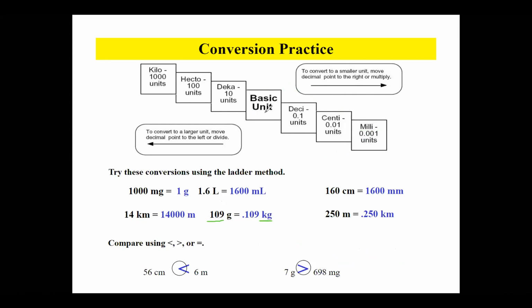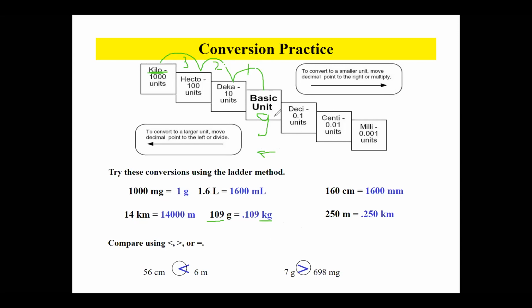Our starting point is our gram, our basic unit, and our ending point is kilograms, which is over here. To get from grams to kilograms, we're going to have to go to the left, 1, 2, 3 jumps.